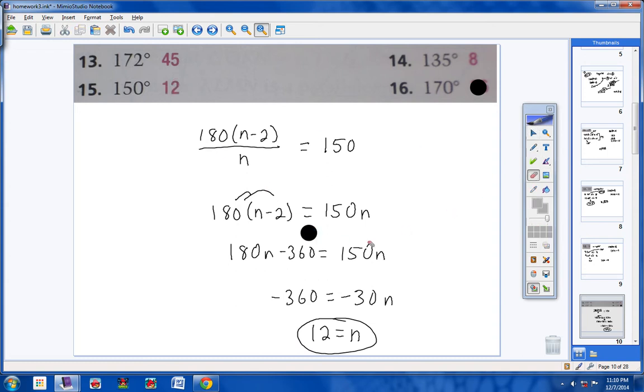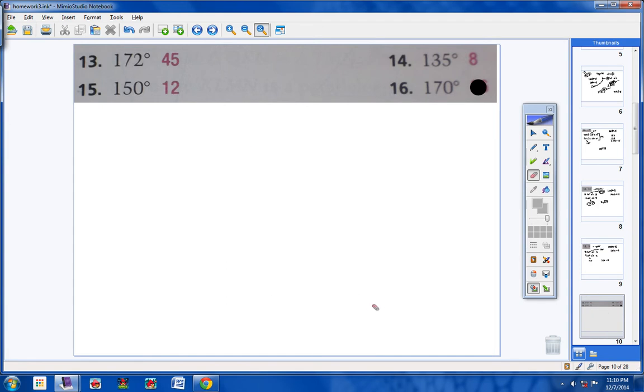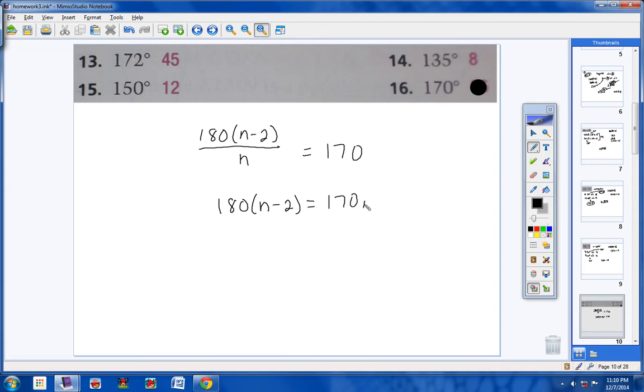Okay, number 16. Okay, there's your formula. Equals 170. Okay, let's multiply both sides by n. Now take your 180 and multiply it through. 180 times n and 180 times negative 2.